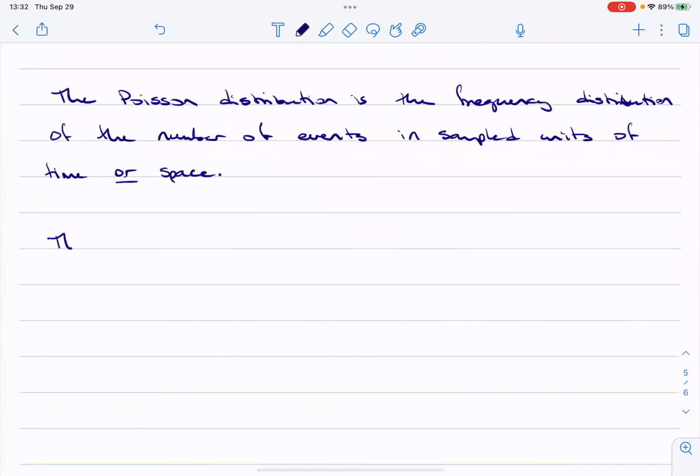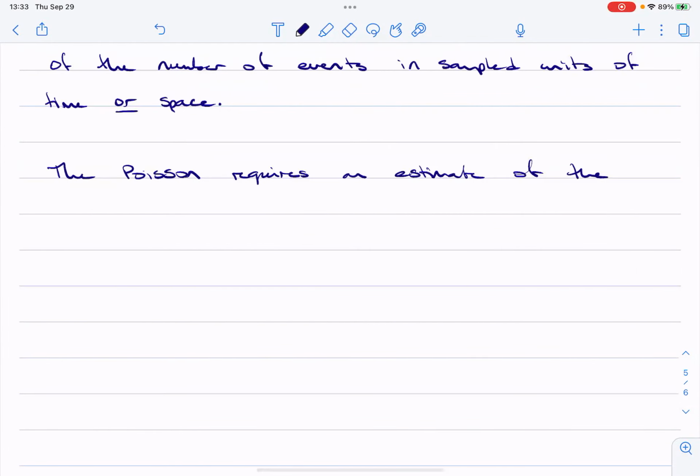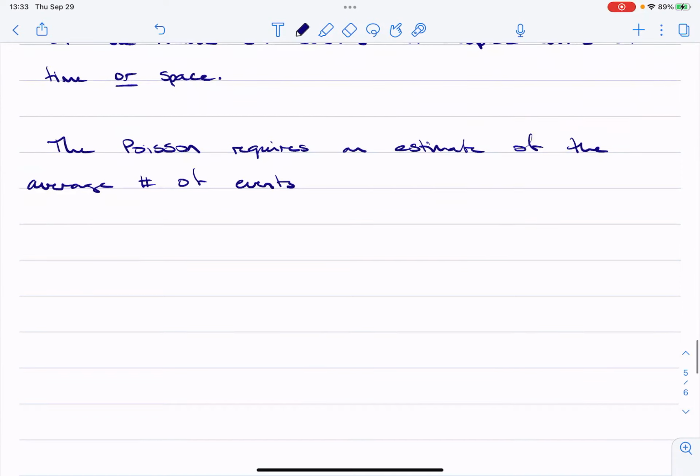So the Poisson requires an estimate of the average number of events per unit of time or space. And that rate is the lambda.